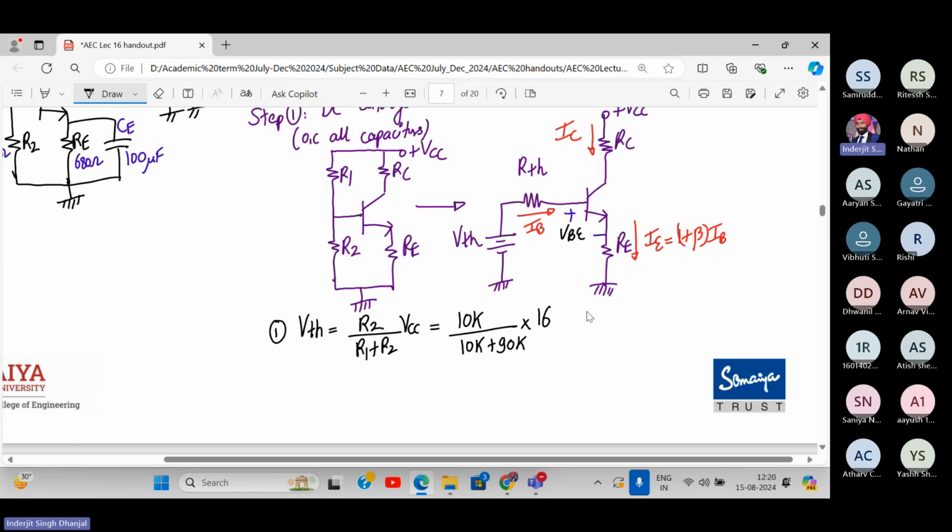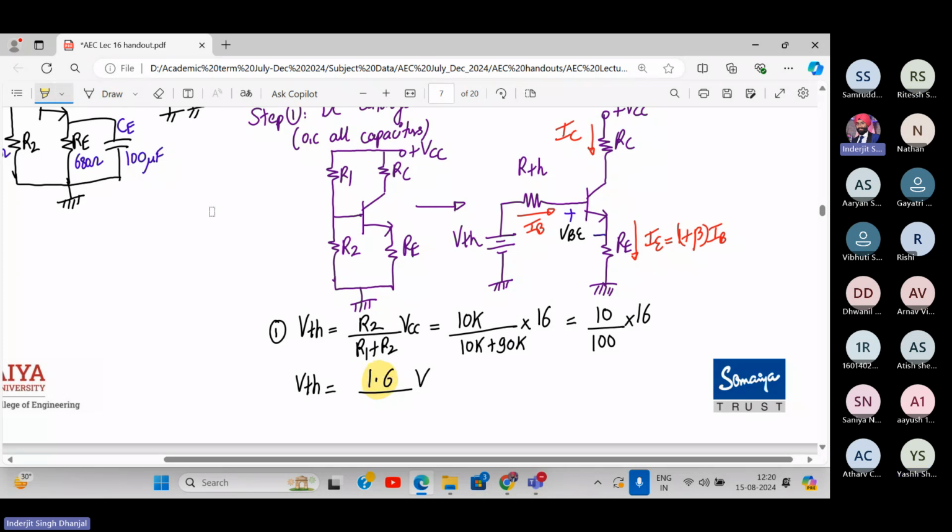VCC is 16. So it's basically 10 divided by 100 into 16. Anyone with the value of VTH? 1.6, right?